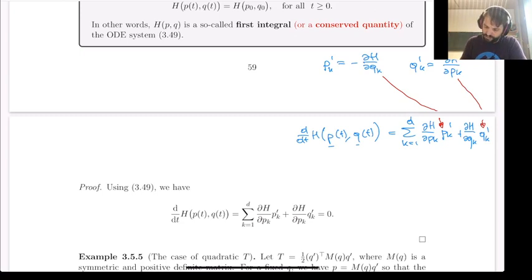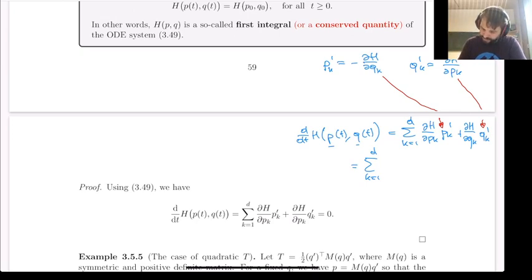So this is equal to sum k equals 1 to d, or let's substitute the other way around, then it's easier. If I'm substituting the other way around, it's a plus for the first one.